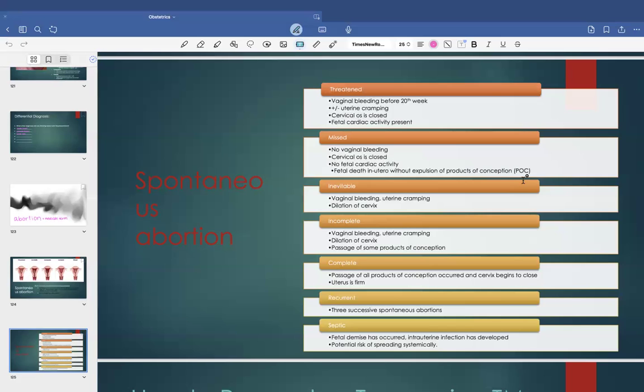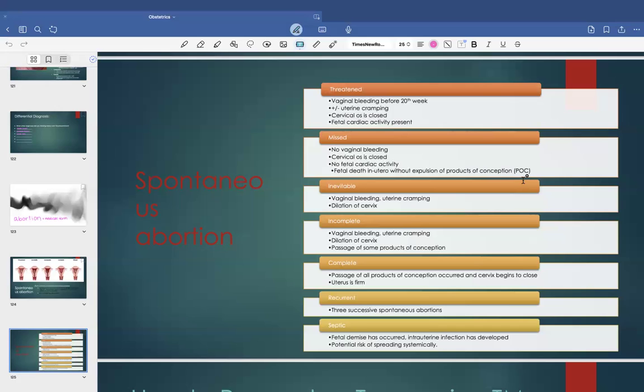Threatened abortions can progress to the Inc: inevitable, incomplete, complete. The os for inevitable is open, but products of conception are still there. Bleeding may be present with back or abdominal pain.